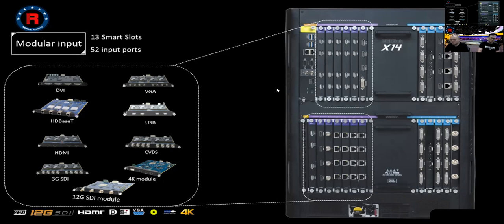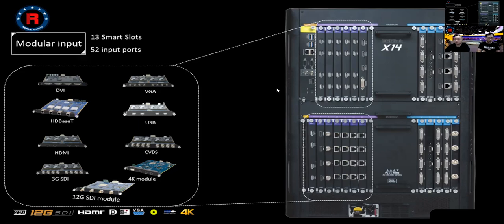Okay, you mentioned the smart slots. Yes. And what does smart slot mean? Let me explain in more detail. The smart slot means you can select different interfaces. For example, if your project is in broadcasting, you can prepare more 3G or 12G SDI, as you have many cameras with those interfaces.